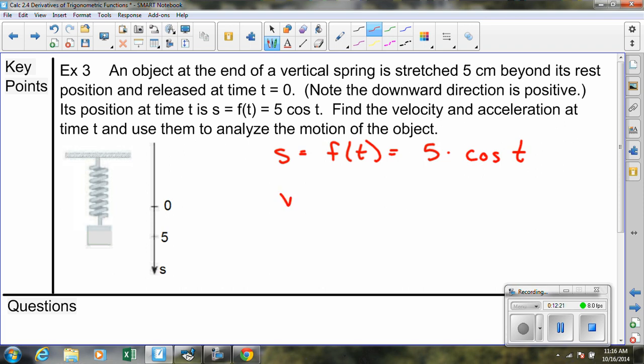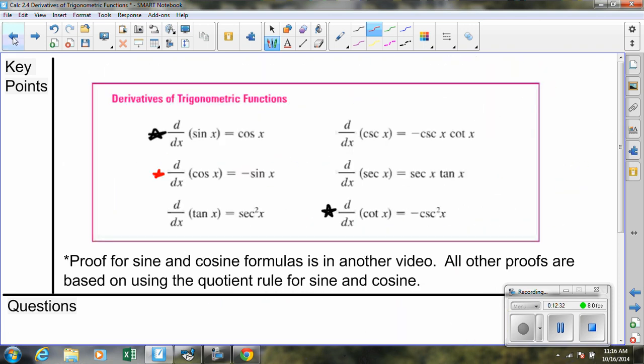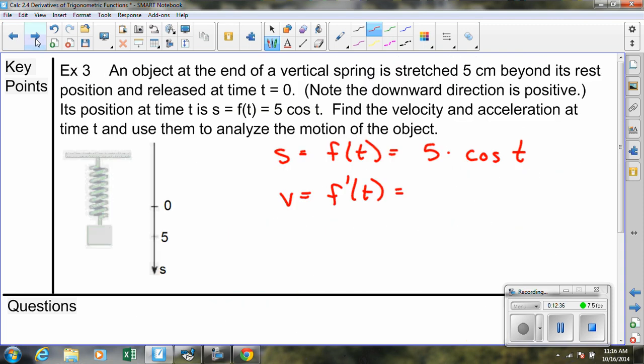We know the velocity is the first derivative. So what is the derivative of 5 times cosine? Well, we'll go back again and say the derivative of cosine equals negative sine. And so we're getting this piece of negative 5 times the sine of t.